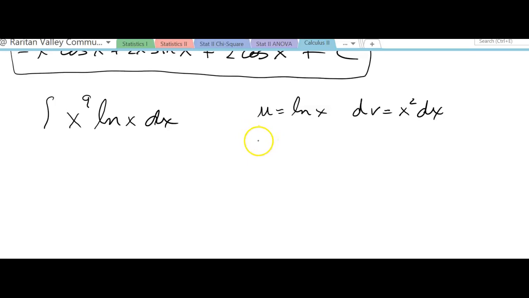So du is 1 over x dx. V is, that's a 9, that doesn't even look like a 9. V equals x to the 10th over 10. Because here's what's nice about that. The only time you use v is out here.